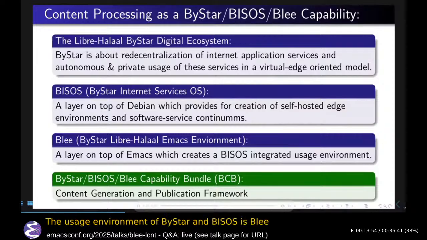The usage environment of ByStar and BySOS is BLE, which is a layer on top of Emacs. With those in place, we then create a capability bundle called BLE LCNT. So when you buy into BLE and BySOS, you will naturally also get these content processing capabilities without a need for any recipes or DIY effort.